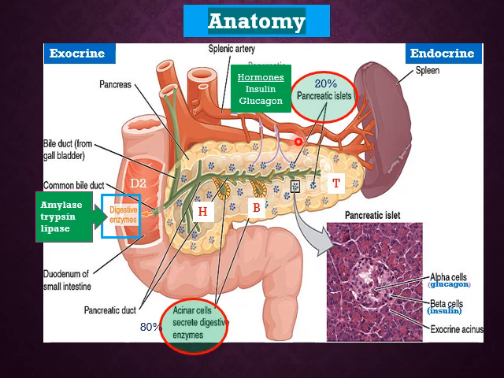The other gland is known as the islet glands of the pancreatic islets, which constitute about 20% of the cells. The islets of Langerhans consist of two types of cells: the alpha cells which produce glucagon, and the beta cells which produce insulin. These come under the endocrine glands, which produce the pancreatic hormones insulin and glucagon.